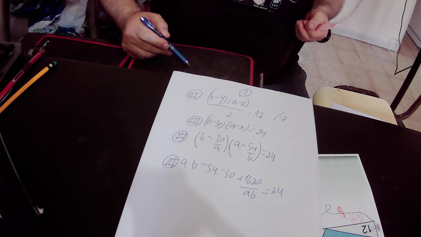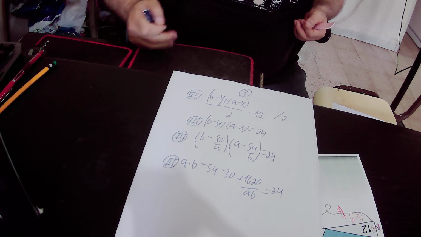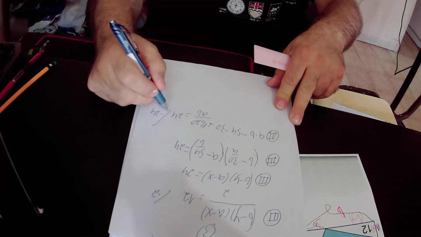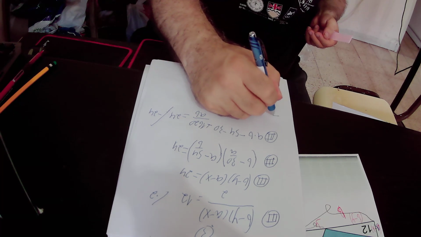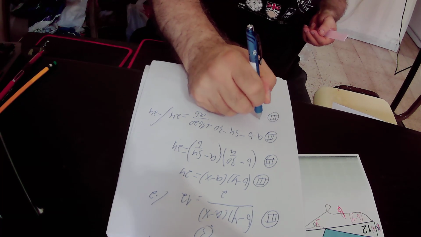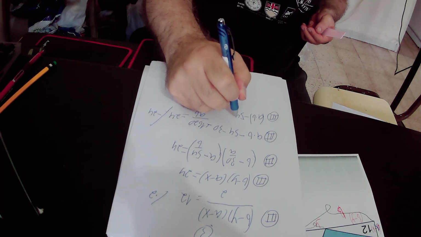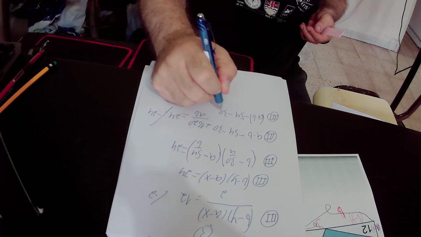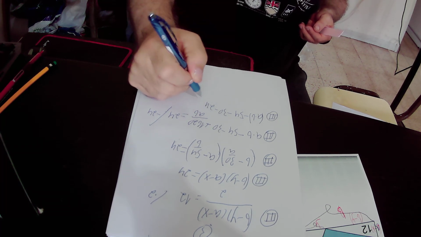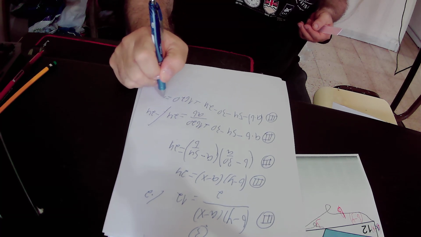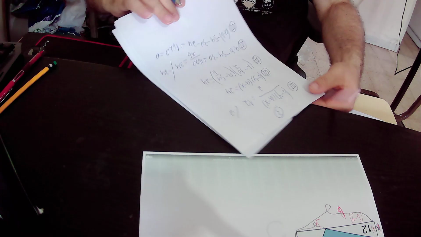Now we can subtract 24 from both sides of the equation. We get that A times B minus 54 minus 30 minus 24 plus 1620 over AB equals 0.